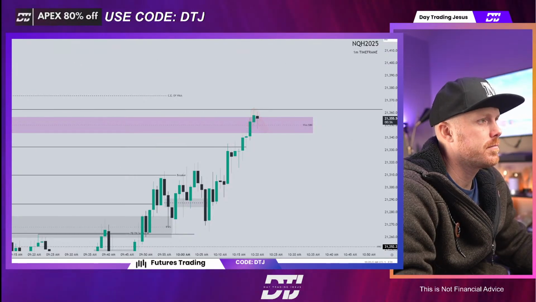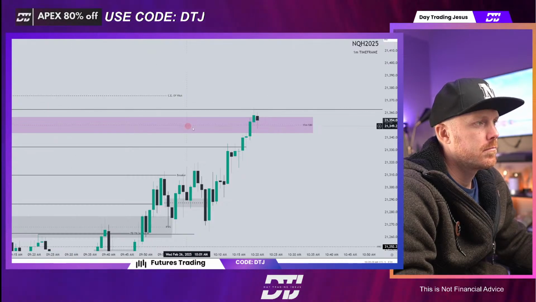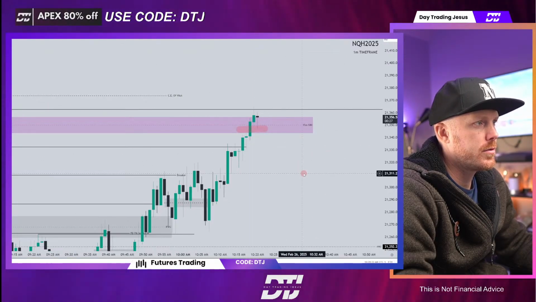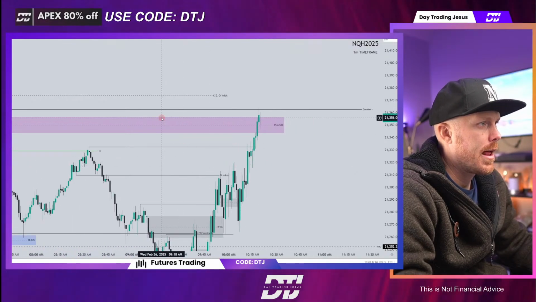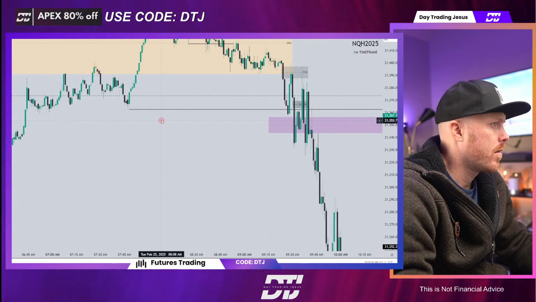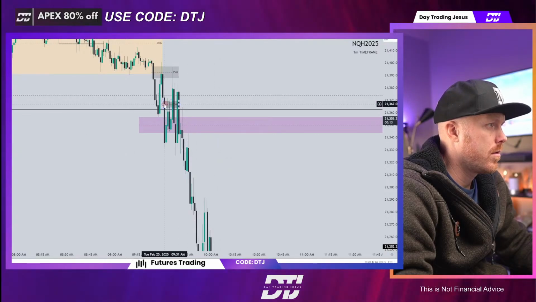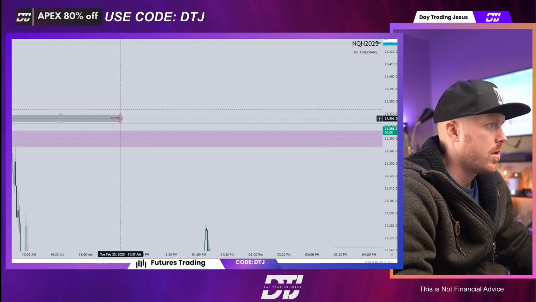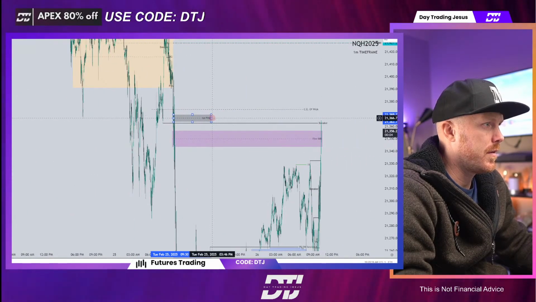Let's see if it gives it to us. Immediate rebalance, or excuse me, institutional order flow entry drill. Here's our first presented fair value gap from yesterday.